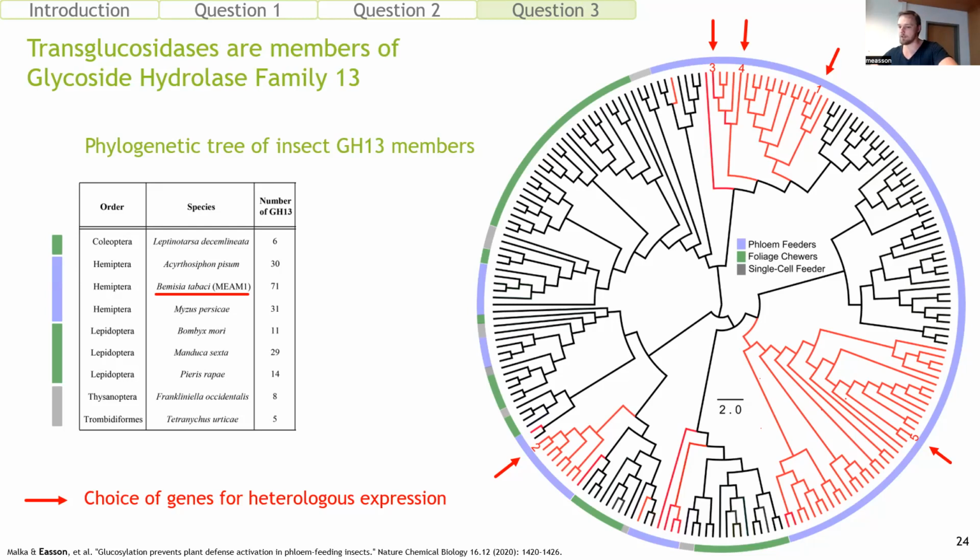Yeah, it's a good question. There has been a significant amount of work done to look at overall transcriptomes of these insects feeding on various plants. And there seems to be some variability between the species of whiteflies for inducibility. It seems that Bemisia tabaci, or MEAM1 Bemisia tabaci, is more constitutive in its expression for almost all genes.